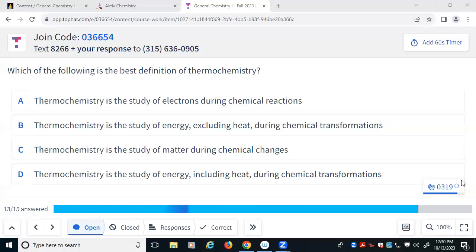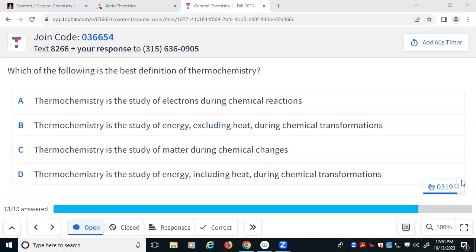Okay, so we could definitely eliminate some of these options. So the study of matter during chemical changes, that's really not thermochemistry, that's just regular old chemistry. The study of electrons during chemical reactions, well, that's a branch of chemistry called electrochemistry.